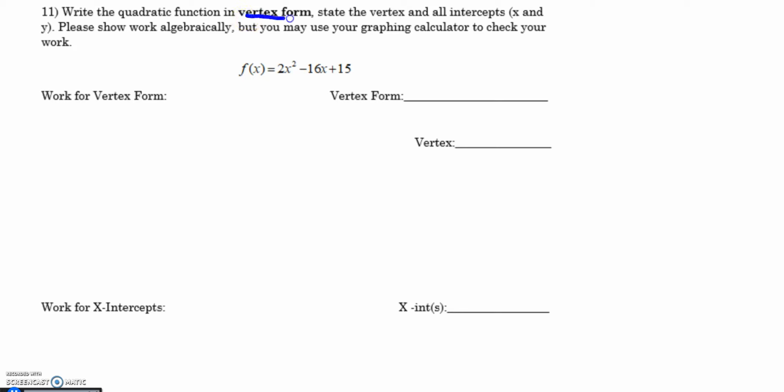So first, I want to remind you that vertex form is y equals a(x minus h) squared plus k. My idea here is to get from standard form of a quadratic to vertex form, so we can clearly see what the vertex is and can find the x and y intercepts.